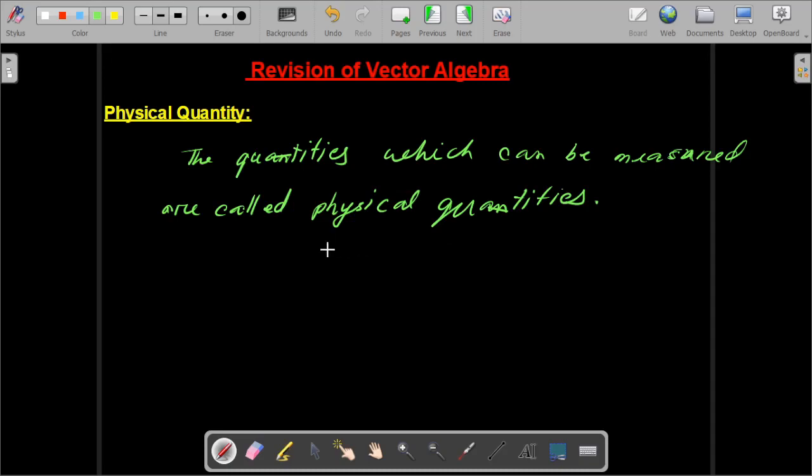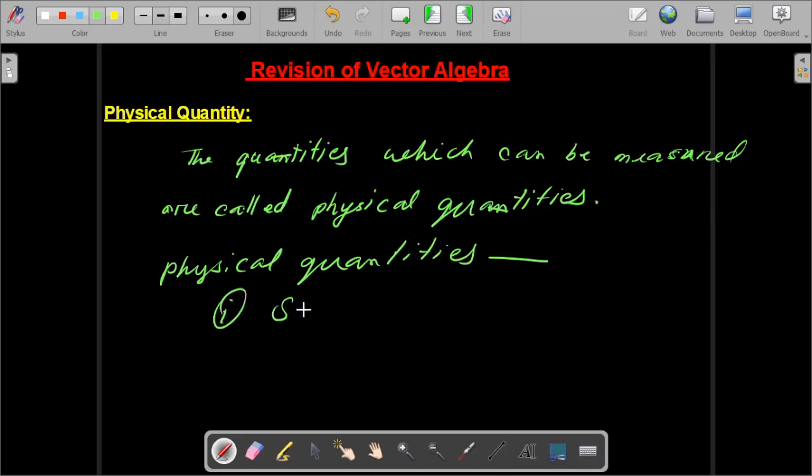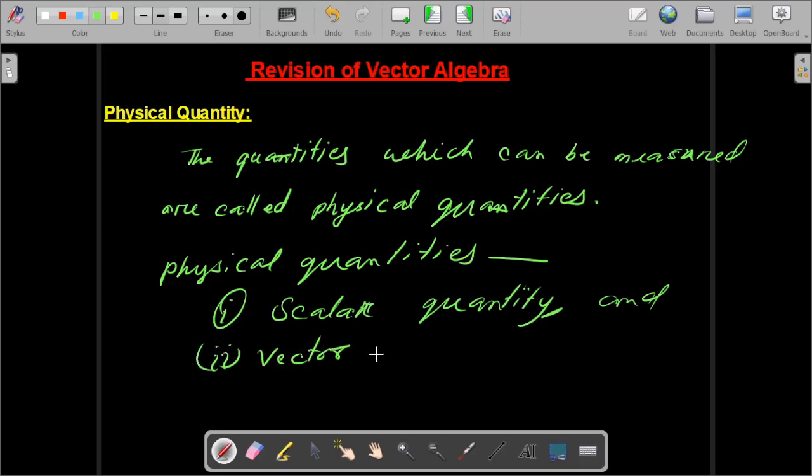Physical quantities are of two types, okay? One is scalar quantity, the other one is vector quantity, right?